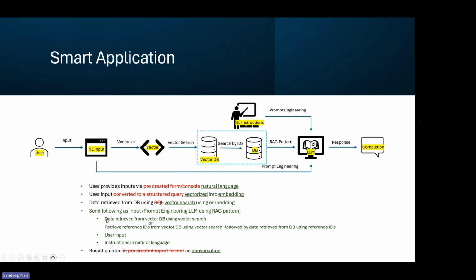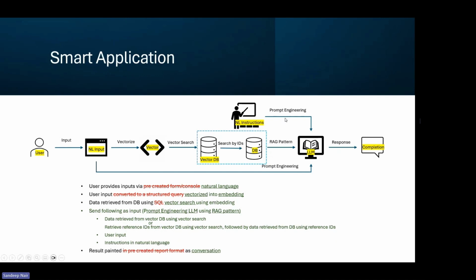To do that, we need to use the RAG pattern. And what the RAG pattern basically tells us is that when you interact with the large language model, you supplement it with additional information that you're going to use. So along with the query that the user provided, we also have to provide some data to it.